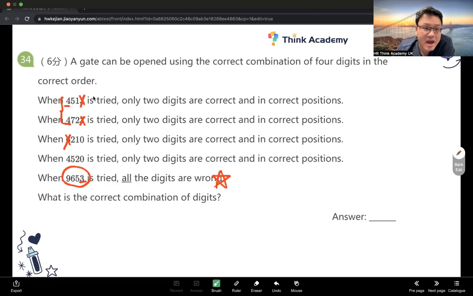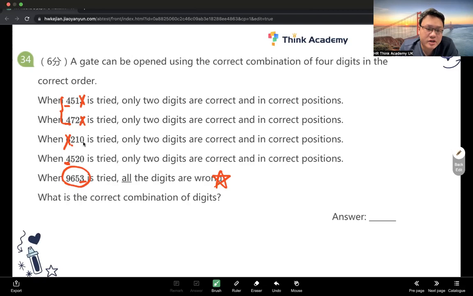Now can we compare the third one, and I mean the first one and the fourth one? The 4 is correct. And then you will see that only 2 digits are correct. And also for the third one, only 2 digits are correct. So let's see.